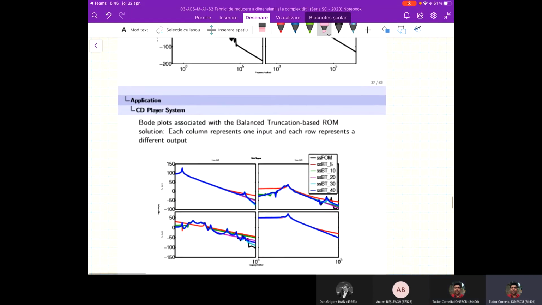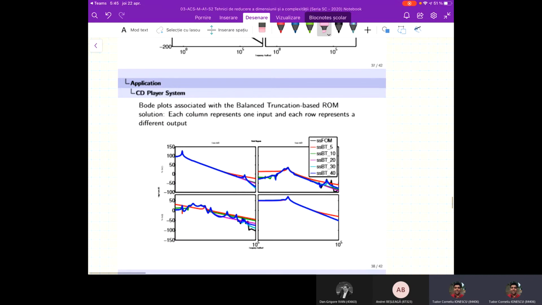Now you perform balanced truncation on this example, and this is what you're going to do in your assignments. And then you see for several dimensions, be it dimension 5, 10, 20, 30, 40, the results.